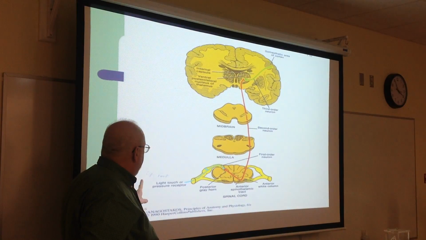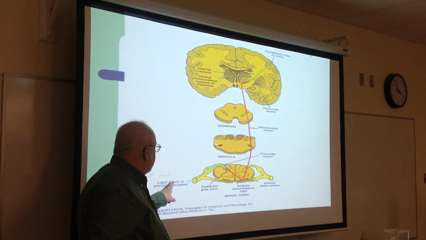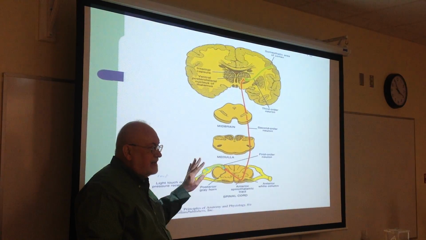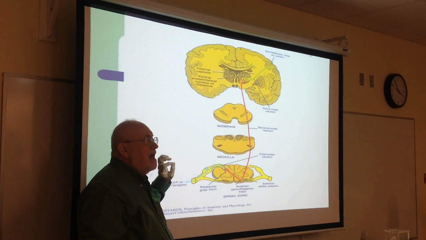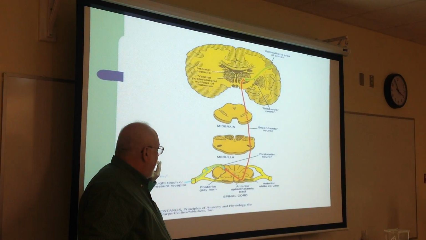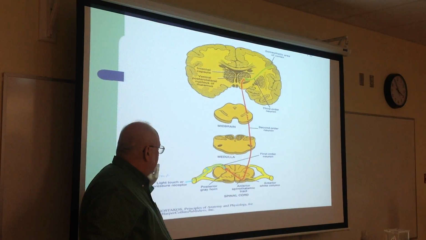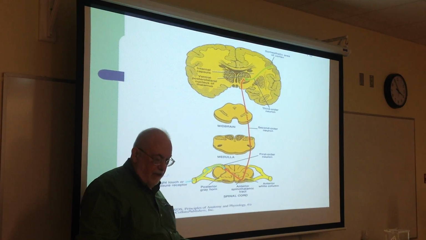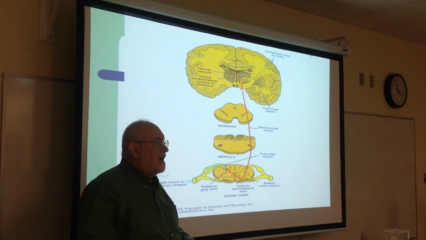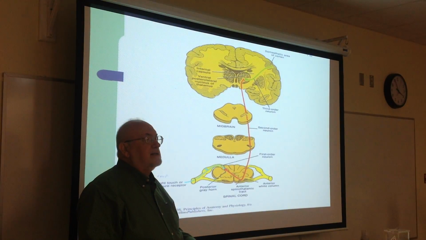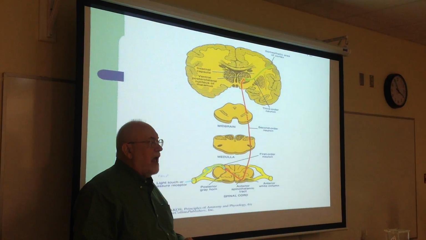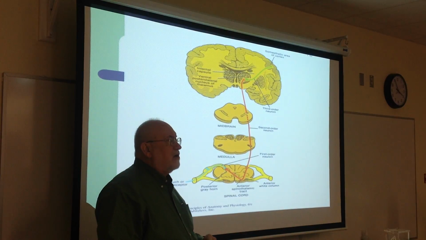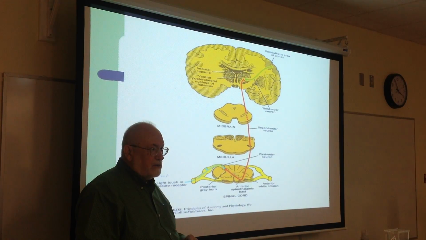Now, what we're saying here is light touch or pressure. Now, that's exactly what this anterior spinothalamic tract works on. All right? So, if it's touch or pressure somewhere on the body, it's going to ascend to the brain by an anterior spinothalamic tract.